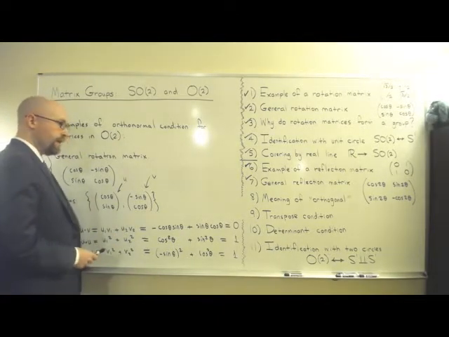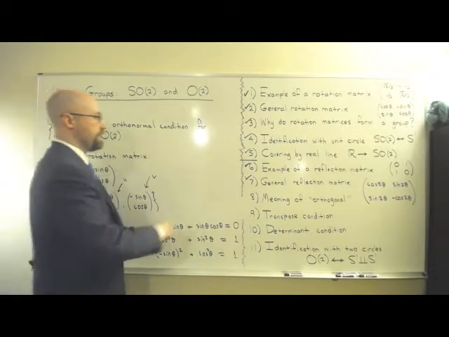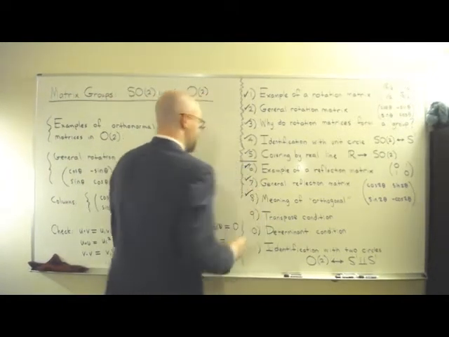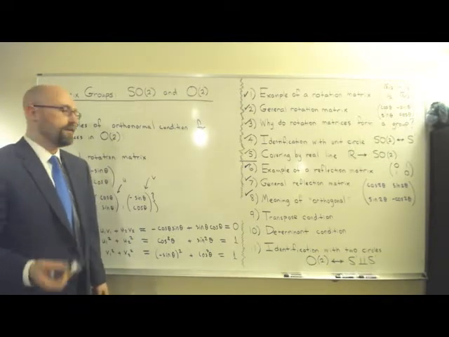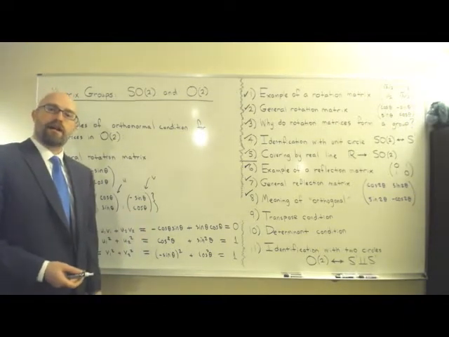So anyway, that's all I'll say about this, so we can check this off. And in the next video, we'll talk about the transpose condition, which is very closely related to this orthogonality condition.